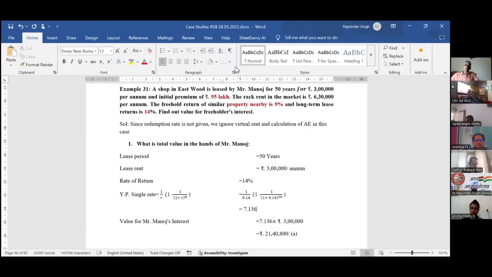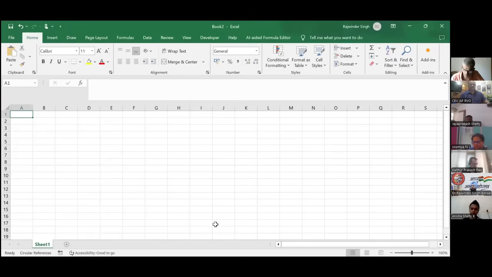See here. So which formula will you be using in Excel for calculating the capitalized value of 3 lakh? PV, so the PV function.